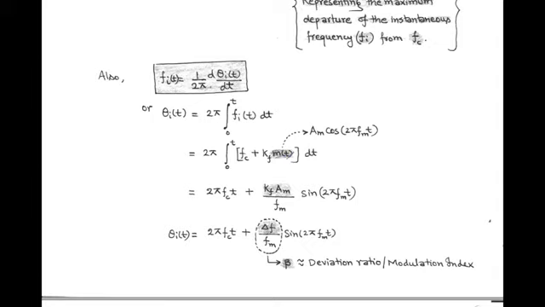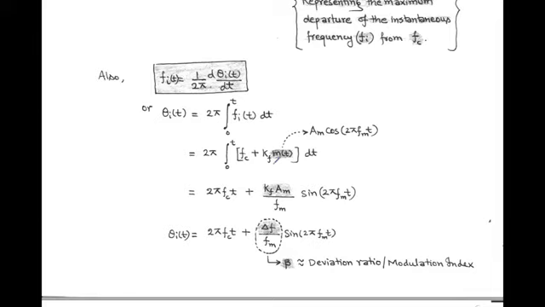So the instantaneous angle theta i(t) equals 2 pi integration fi dt. Here the limit is from 0 to t. And in place of instantaneous frequency fi(t), we can write fc plus kf into m(t). Also, in place of m(t), we can write Am cos 2 pi fmt.